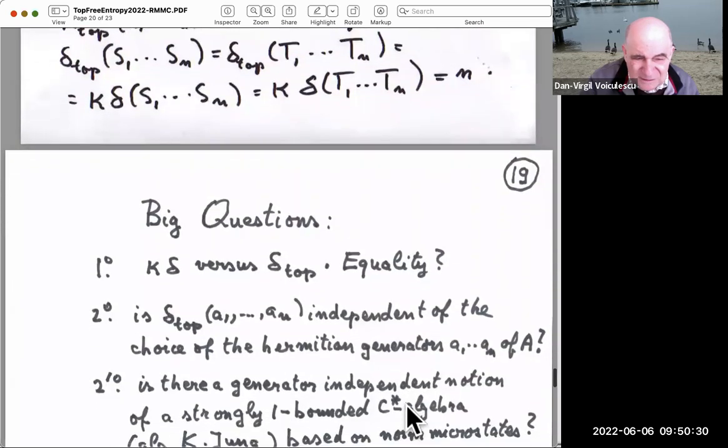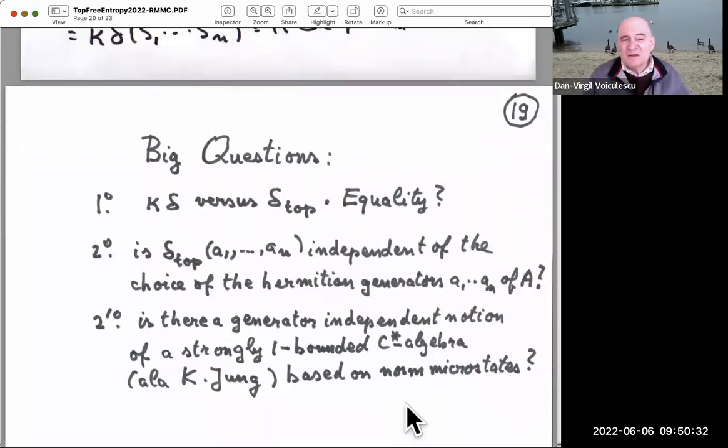And here are now some of the big questions. Like there's a question whether the topological free entropy is equal to the free capacity.